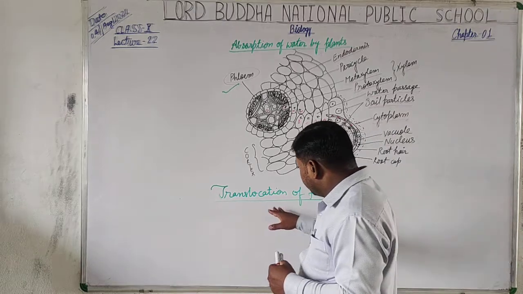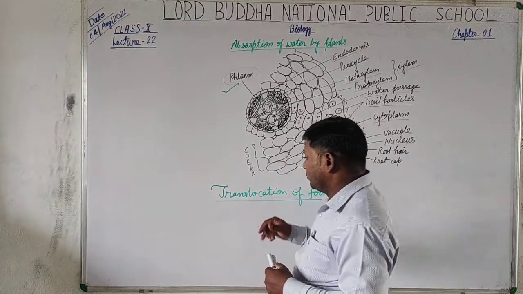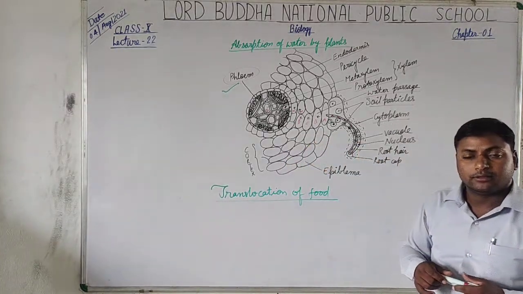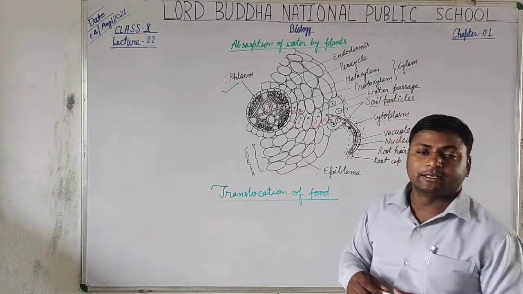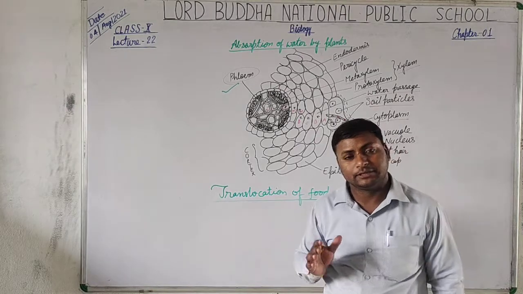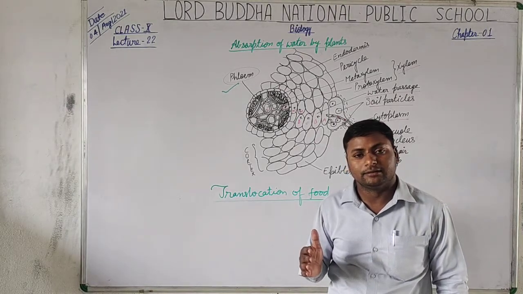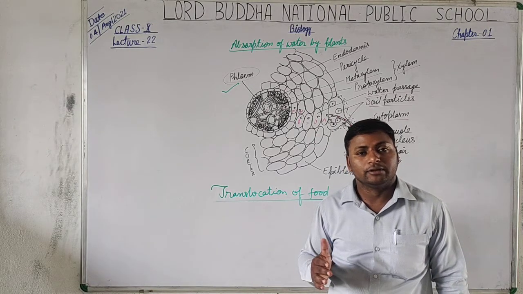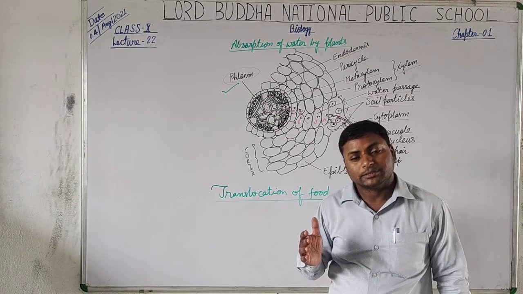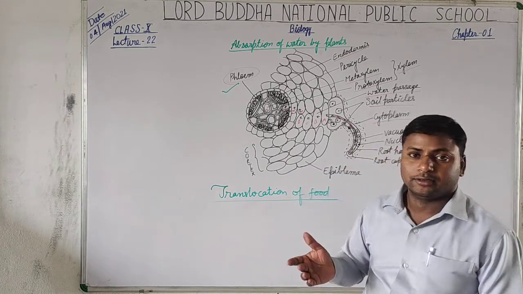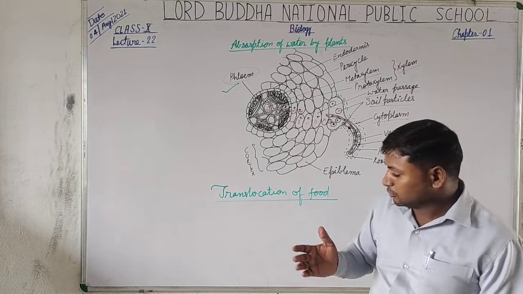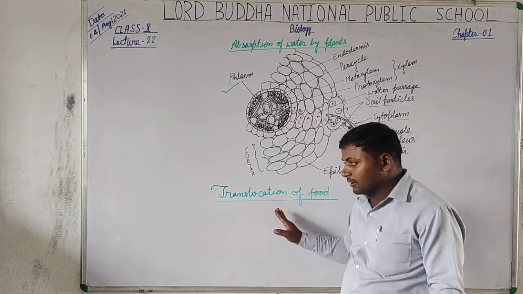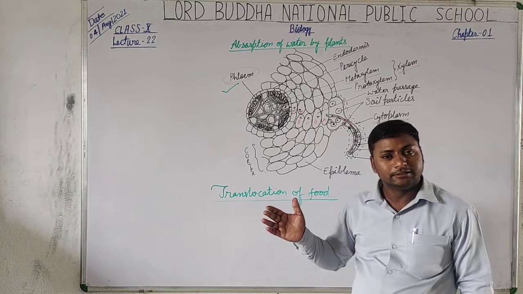Now, translocation of food. Students, the formation of food in plants takes place in their leaves. Leaves are generally green in color. They contain chlorophyll, and the presence of chlorophyll helps in the process of photosynthesis. So the formation of food takes place in plants.